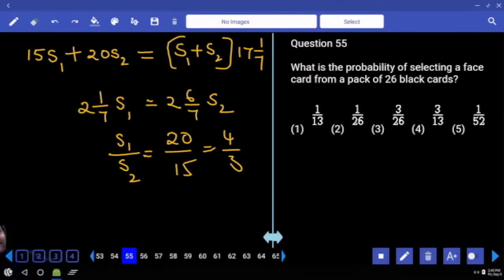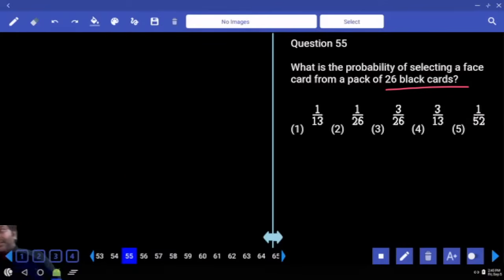What is the probability of selecting a face card from a pack of 26 cards? Usually pack is of 52, but the question is about 26. How many face cards will be there in a single color, in a single shape? Let's say heart. One set, 13 cards are there, correct?